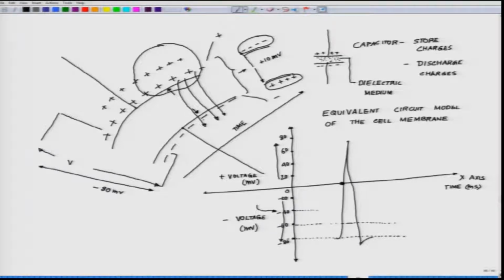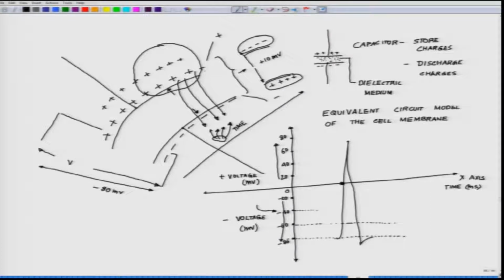Or there is another option: inside there is some structure which stores so many positive charges that all of a sudden all those positive charges come out. But there is no such structure. There is one structure, but that is a very small structure. Even if it gives out all of it, it is not going to make the whole membrane positive.